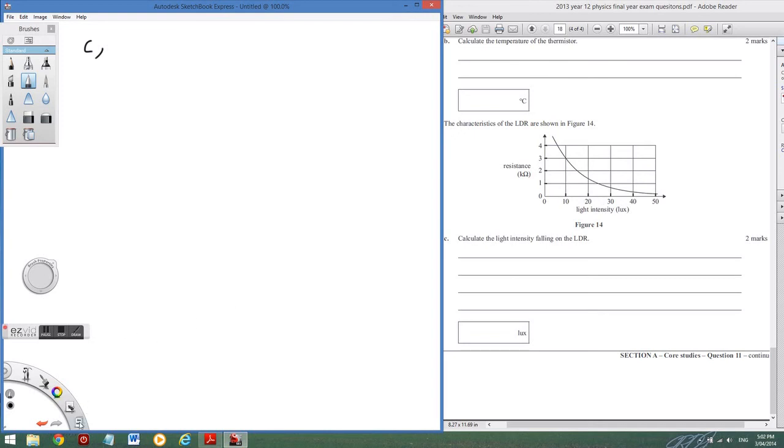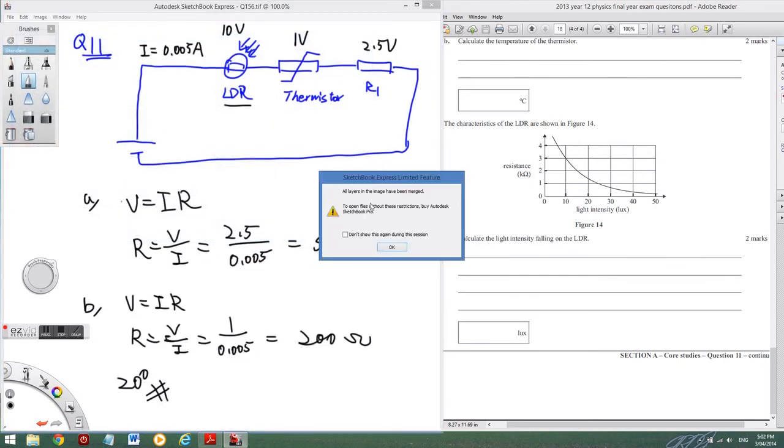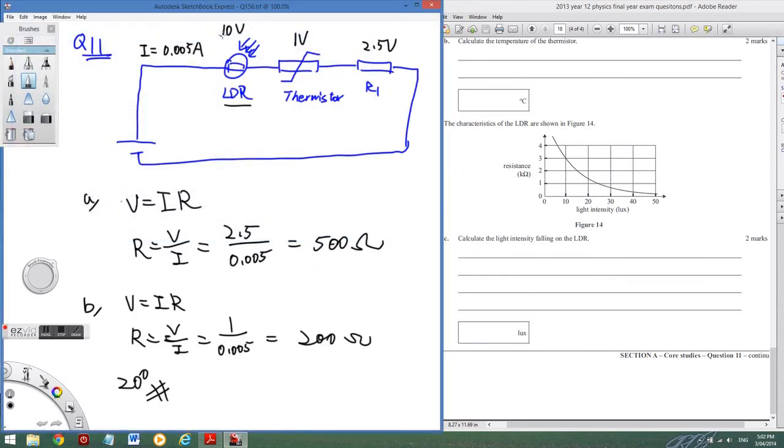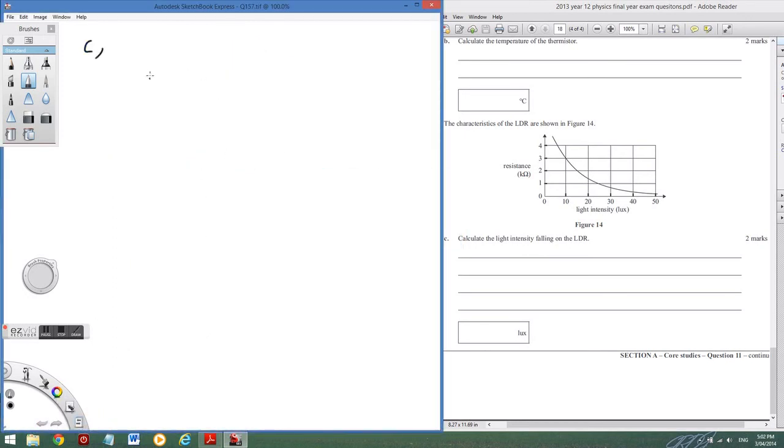So if I look at the previous diagram, the voltage across the LDR is going to be 10 volts. The current is the same. So let's do the math. 10 divided by 0.005.